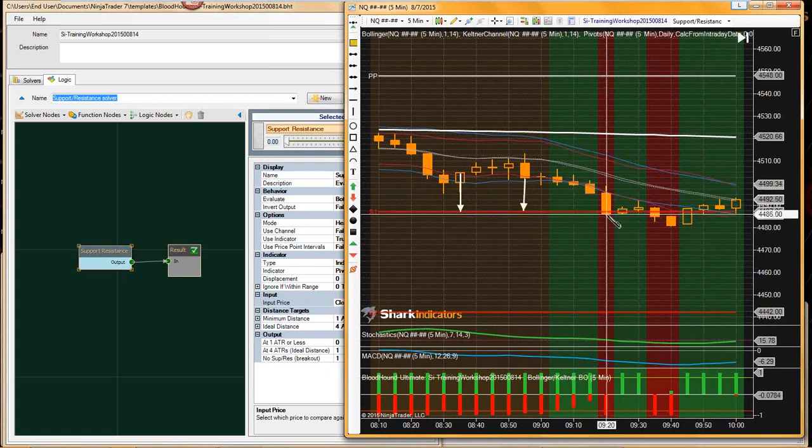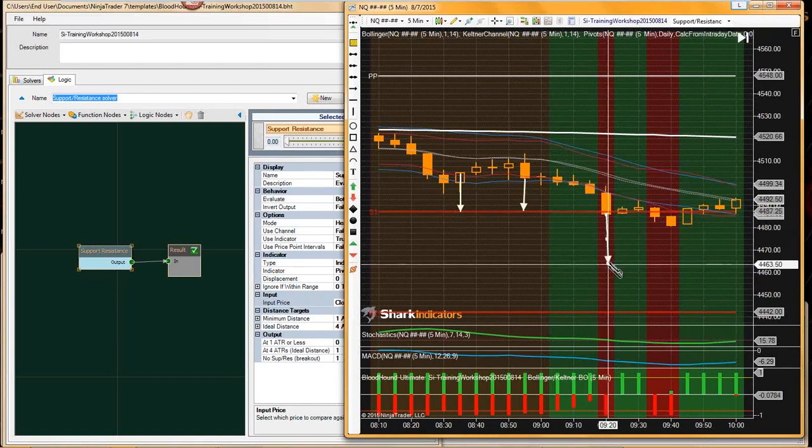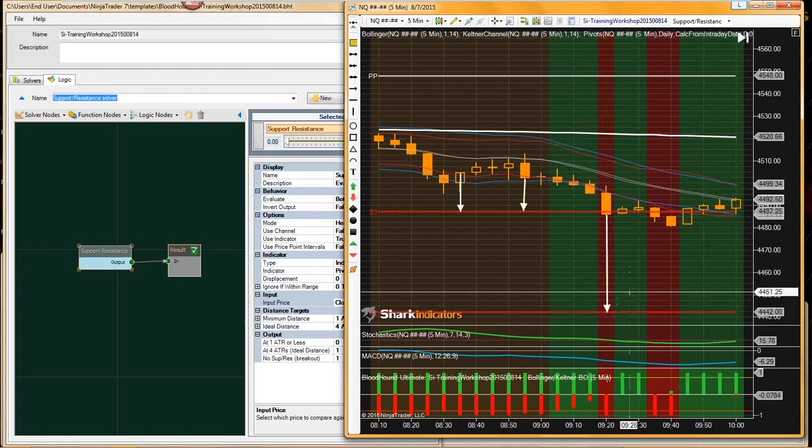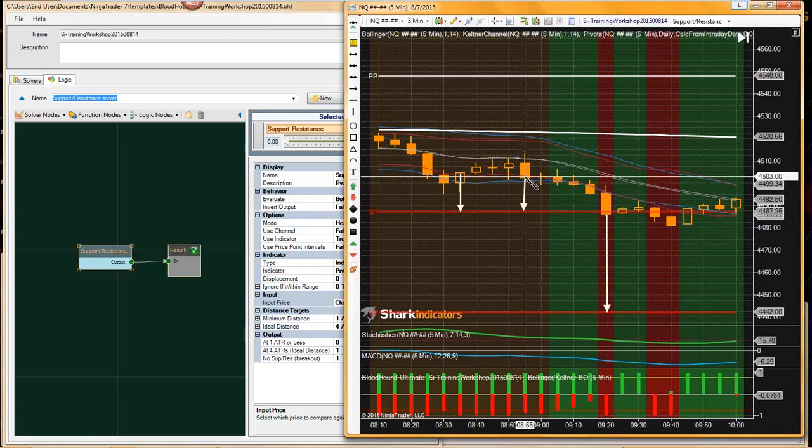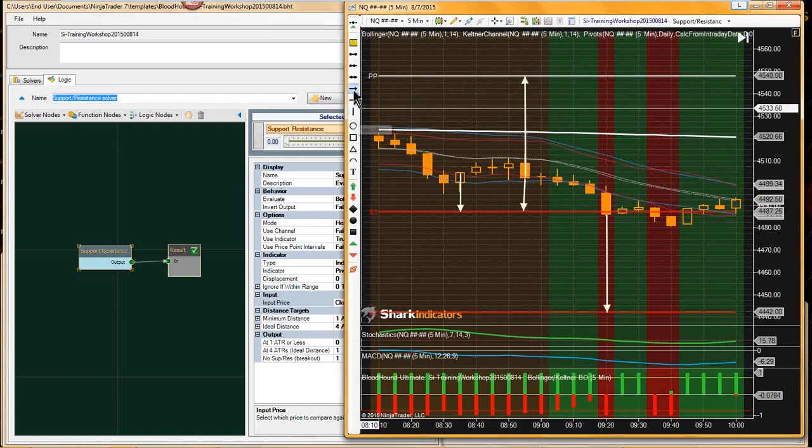For example here, this bar closed below S1, so the nearest support would be down there, and of course resistance would be just a tick above it. The solver is also comparing the closing price up to the nearest resistance line, like so.